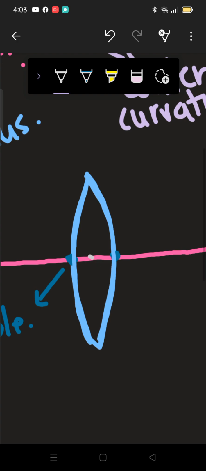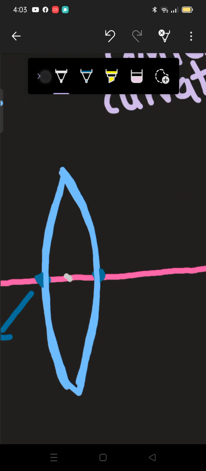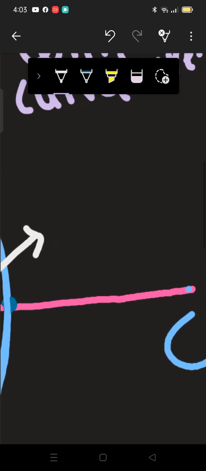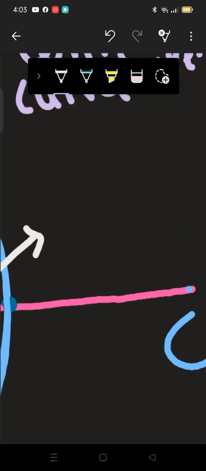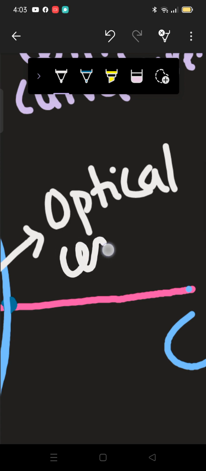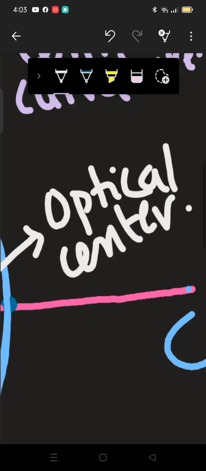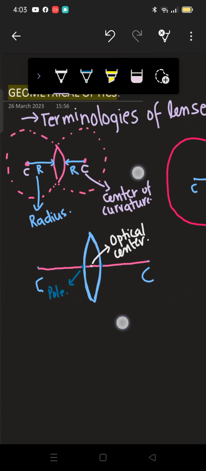So this is the optical center. Optical center is the center of the lens, and pole is the center of the spherical surface. I hope this is clear.